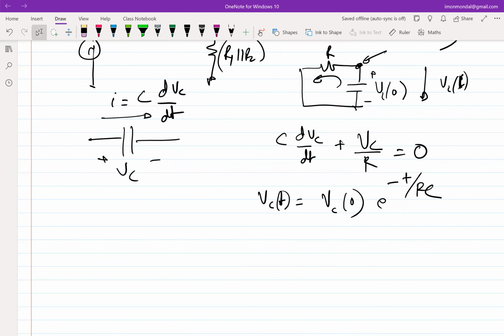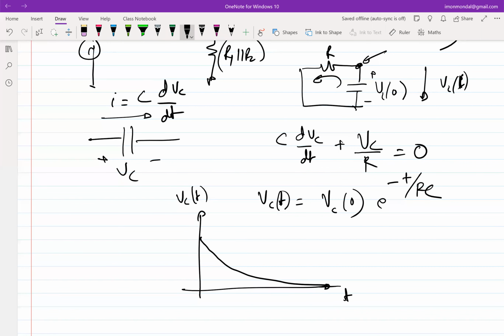If I sketch this out, this is VC(t), this is VC(0), and this is what you are going to get. At t equal to RC, your VC(t) becomes the initial value divided by e.